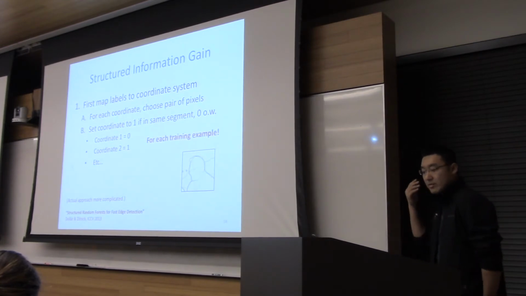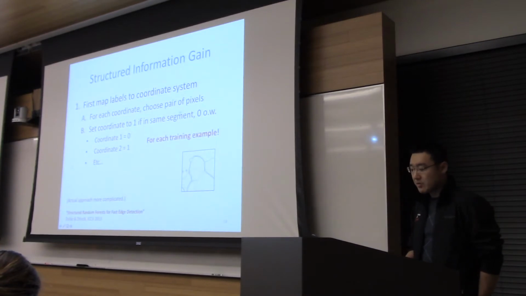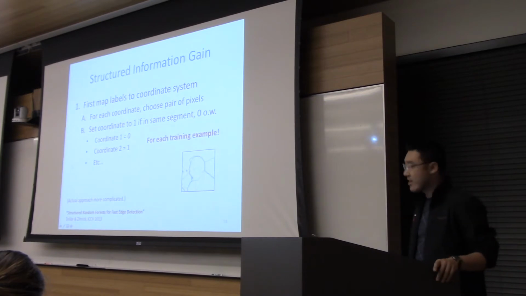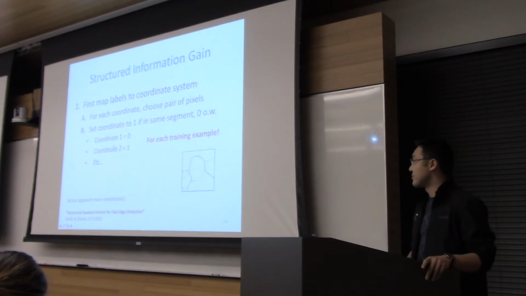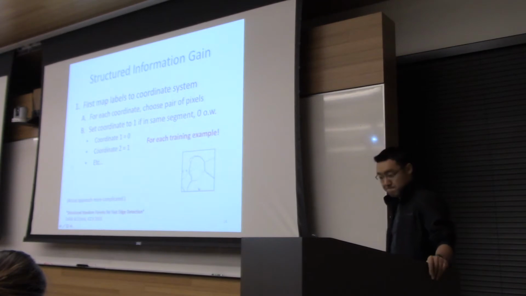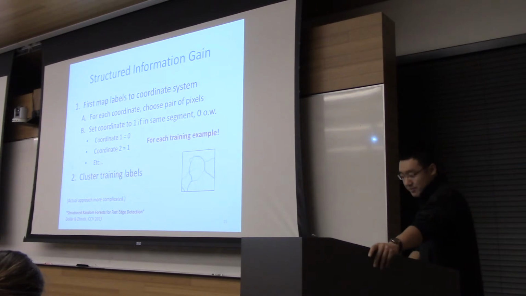And we're going to have the same mapping of coordinate to pairs of pixels over all possible training patches, and we're going to simply generate this vector representation for every training image patch, right? And then we'll cluster the training labels using this coordinate system.